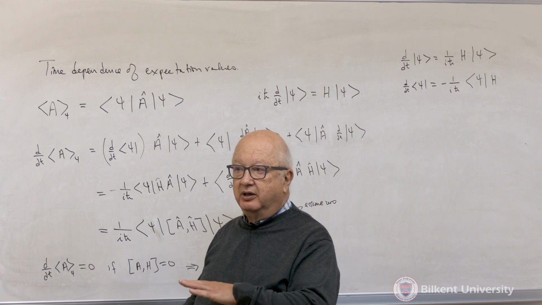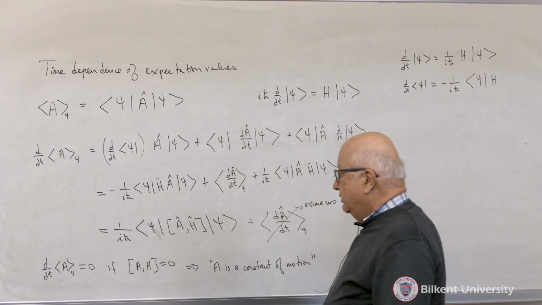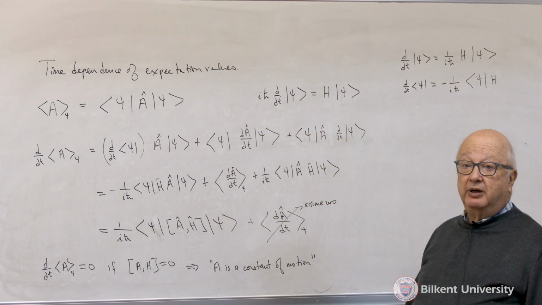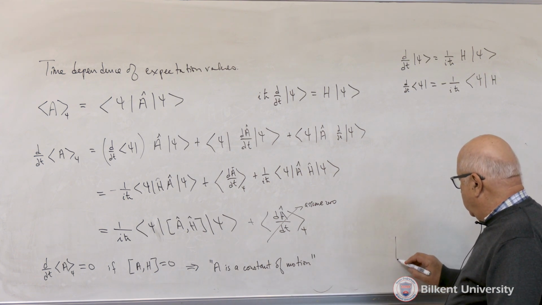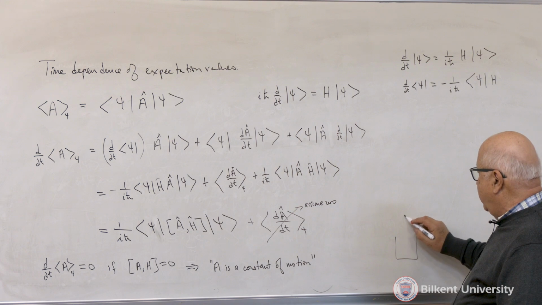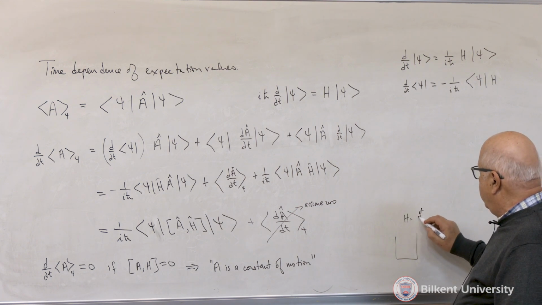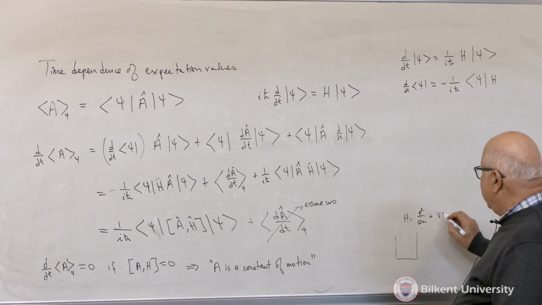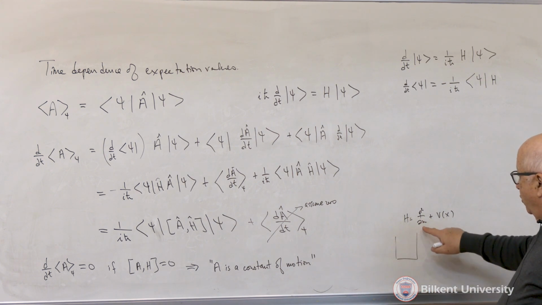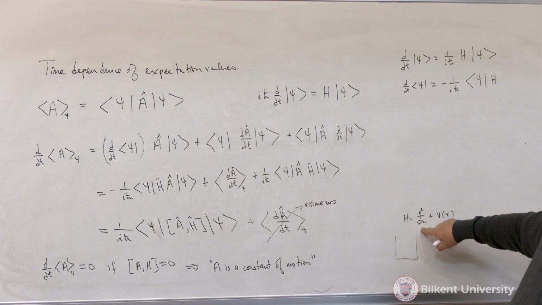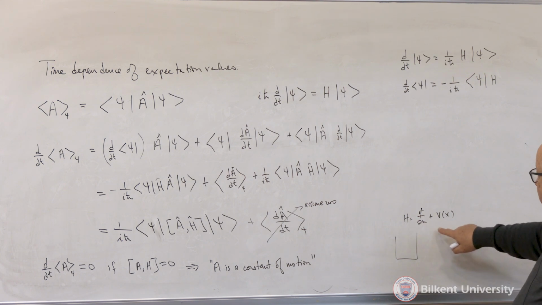But if I have, for example, a square well, in which case H is equal to p squared over 2m plus some potential V(x), p will commute with the kinetic energy part, but it will not commute with this part, because p and x do not commute.